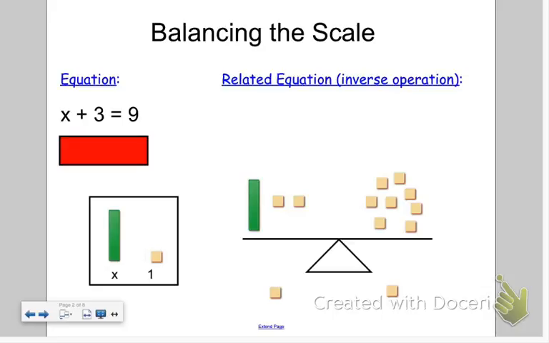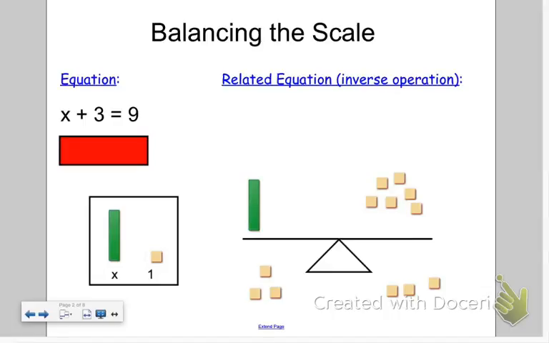Maybe I'll take another algebra tile off of this side, and then I'll take an algebra tile off of that side to keep it fair. So both sides are still balanced because I am doing the same thing to both sides. Maybe I'll take an algebra tile off the left side, and another one off the right side. Guess what I have just done?